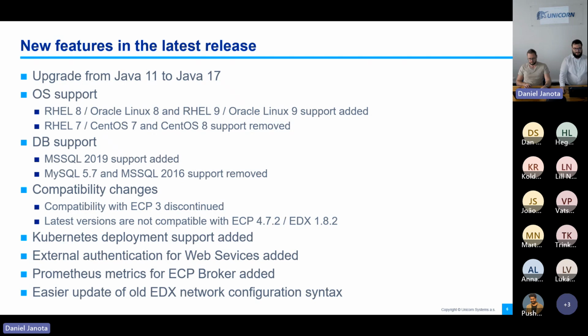Also, there was a change in supported operating systems. So we added Oracle Linux 8 and Oracle Linux 9 and removed CentOS 7 and 8 due to their end of the life.